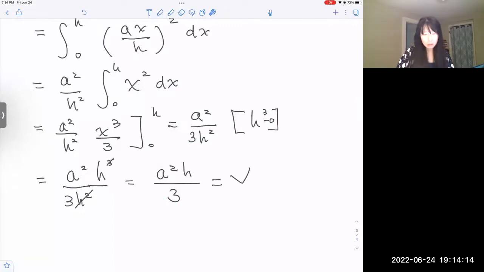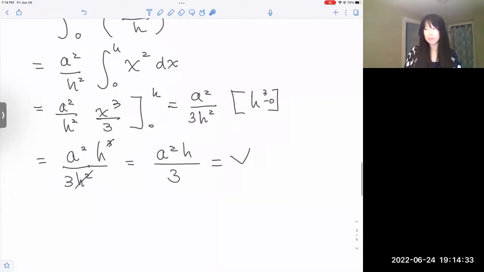Now, so we have solid of revolution, which is a slicing method. It's the same thing. Every time, if we have integration of the area, then we get the volume. So let us use that.